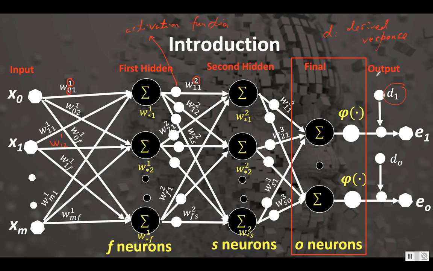As we know, when we compare the actual output with the desired response, we get an error signal, E1. For the second neuron, we get E2, and for the last neuron, the O-th, we get EO. The error signal will then be used to adjust all these weights, as we learned in the previous chapter. Okay, so in this video, we introduced the basic structure of the multi-layer perceptron.